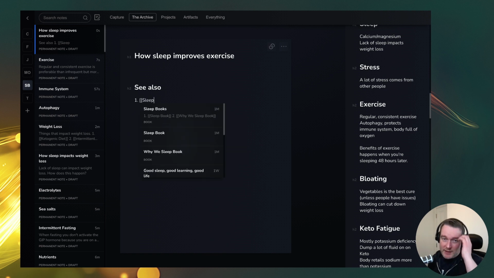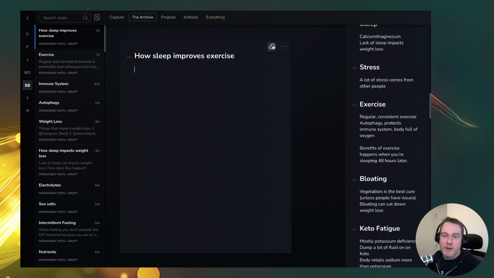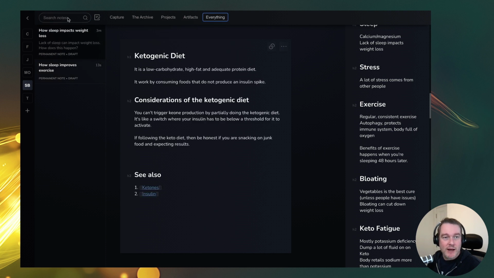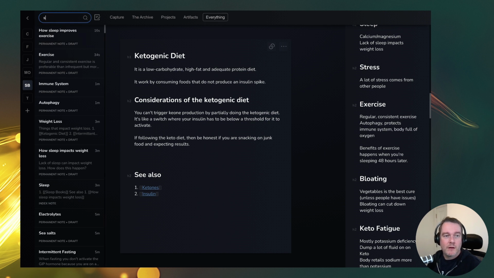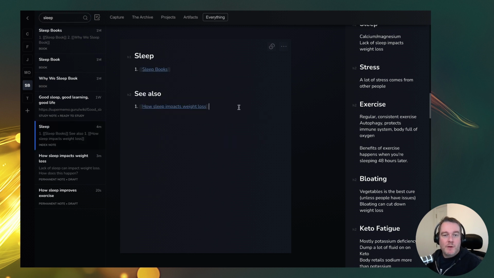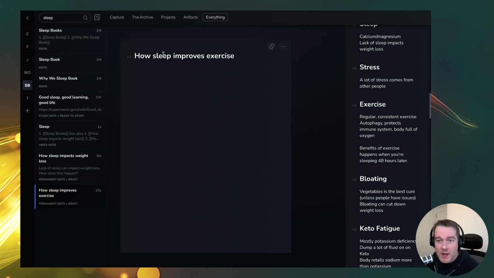I probably don't need to be excessive with it, because in theory, if I bring up the sleep section, I think it's actually an index that's doing everything. Sleep, how exercise, or how sleep improves exercise. Now we can link those two together. So we've got exercise and sleep linked in here. And what do we say?